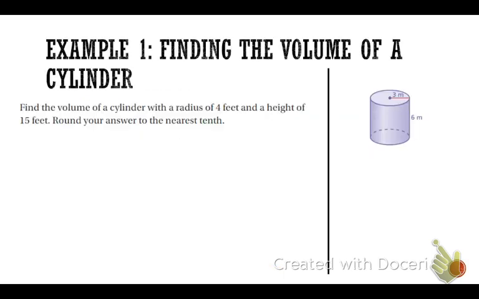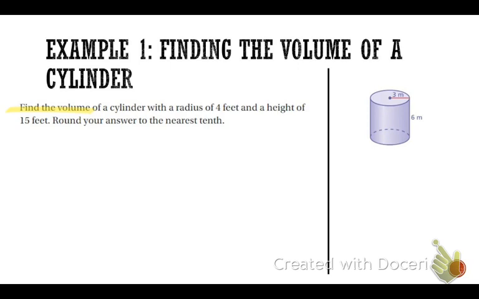All right, so here we have example 1. These are two separate scenarios. The first one gives me the information in words. The second one gives me the information in a figure or a drawing. You do not have to draw this drawing, okay? But they're two separate problems, and for both of them, I need to find the volume.